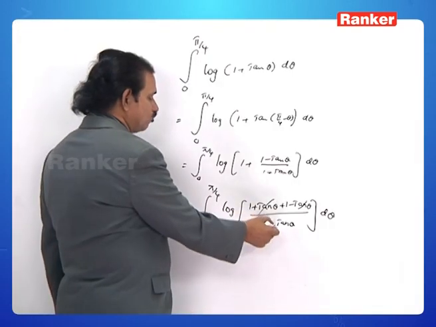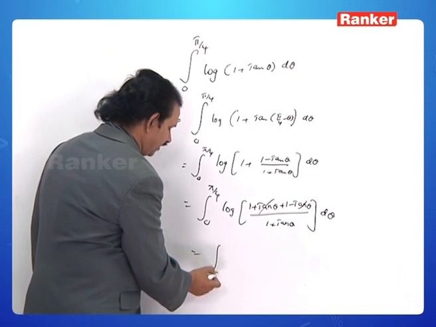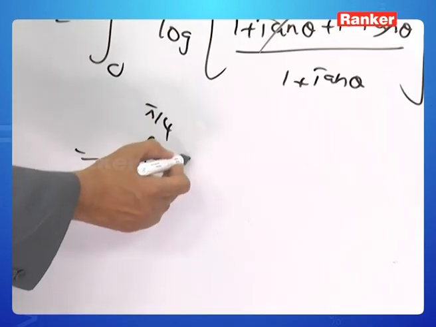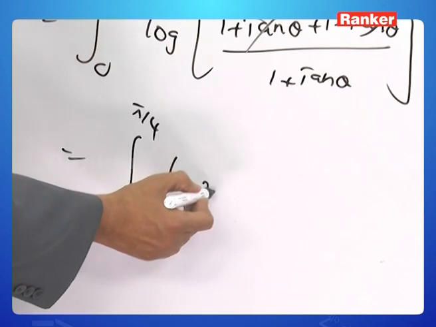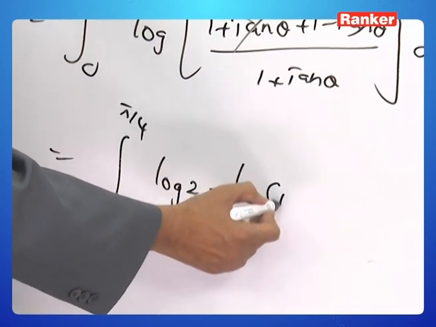So it is log of 2 by 1 plus tan theta, hence it is integral 0 to pi by 4 of log 2 minus log of 1 plus tan theta.